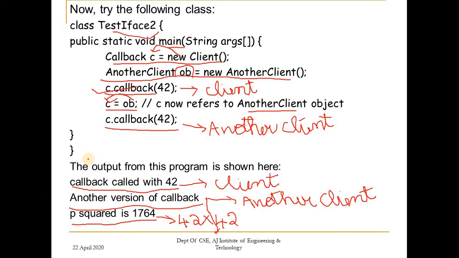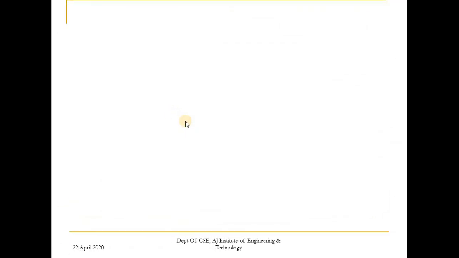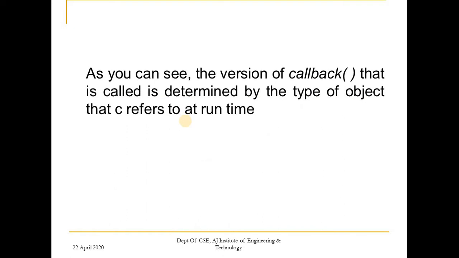This is the output of the program TestIface2 when you execute it. As you can see, the version of callback that is called is determined by the type of object that C refers to at runtime. Based on the type of object that C refers to, that particular version of the callback method will be called.